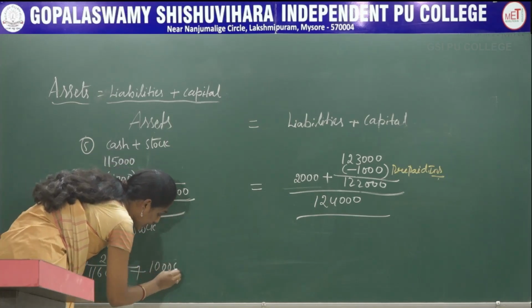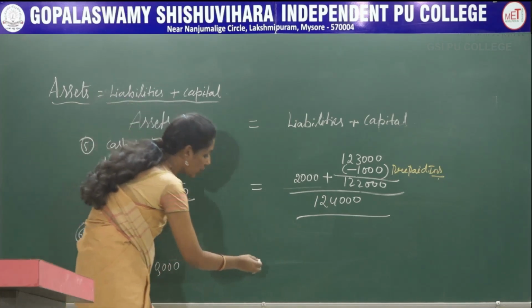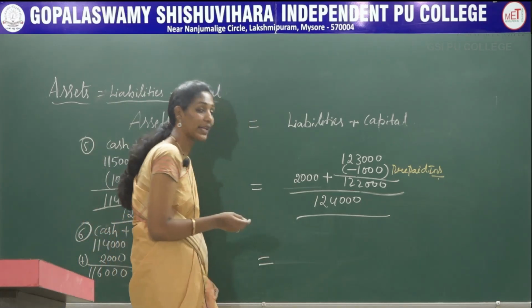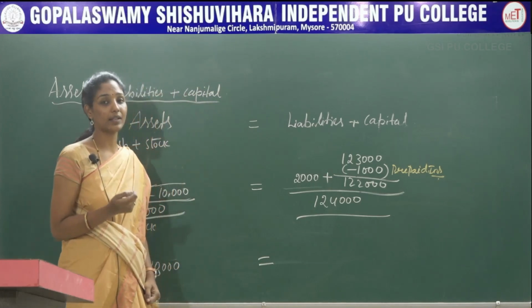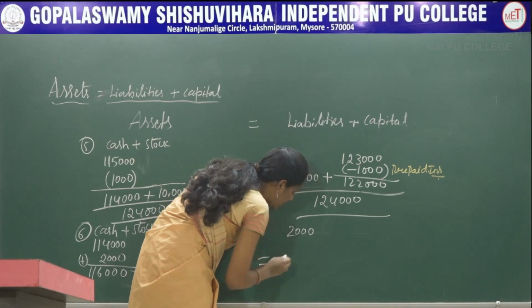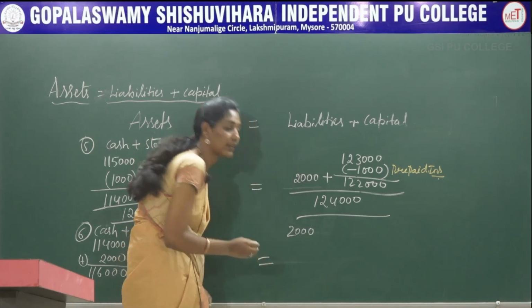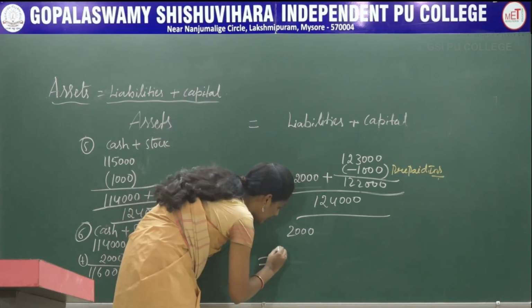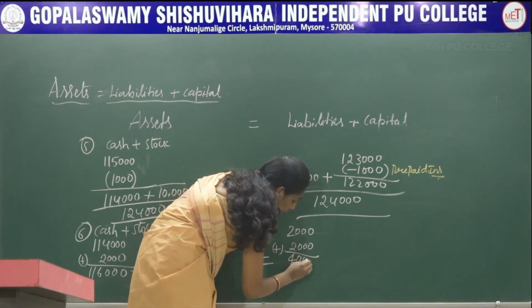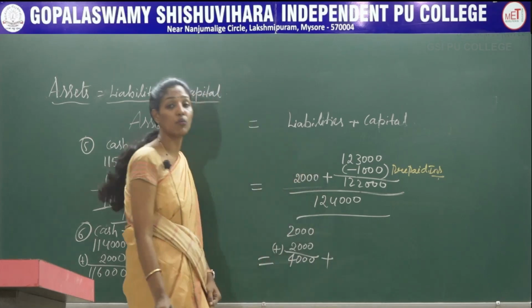That is rupees 10,000. Now coming to the other side of the equation, now liability is created. Already we have liability, that is outstanding salary 2,000 plus one more liability, that is commission received in advance, that is also rupees 2,000. So now the total value of liability is rupees 4,000.